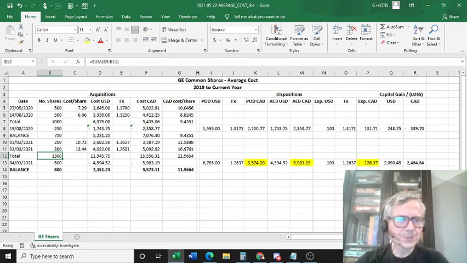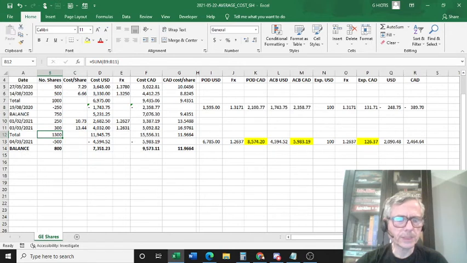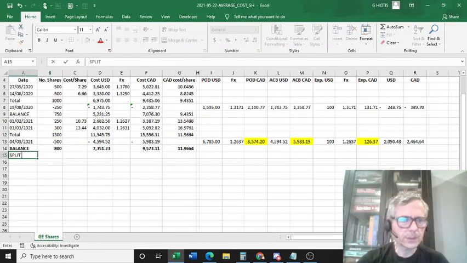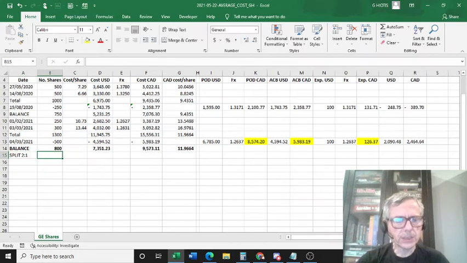Okay. So let's say we have a 2-for-1 exchange of shares. Okay, 2-for-1 split. So basically those 800 shares become 1,600 shares. The cost should remain the same.